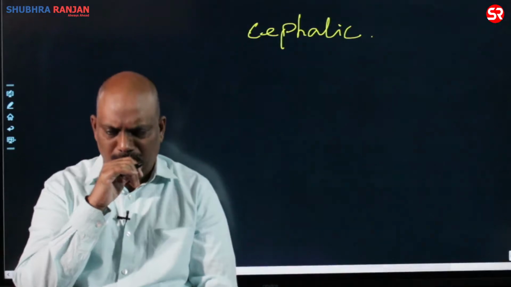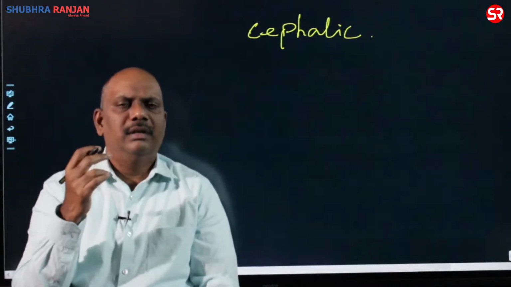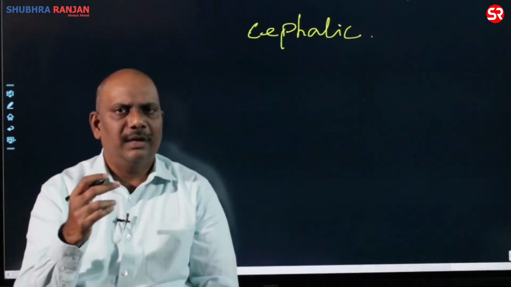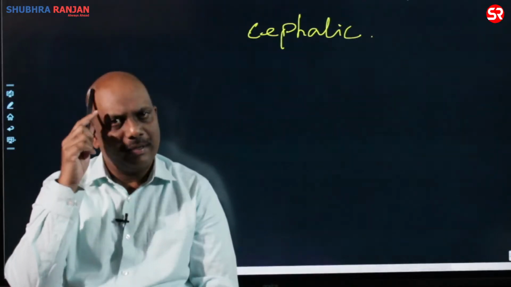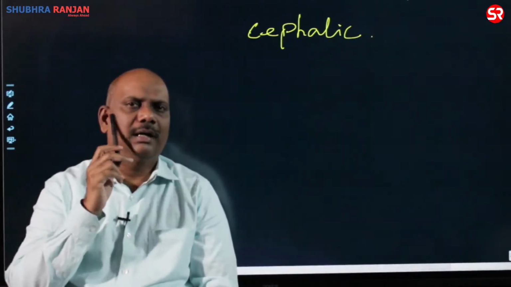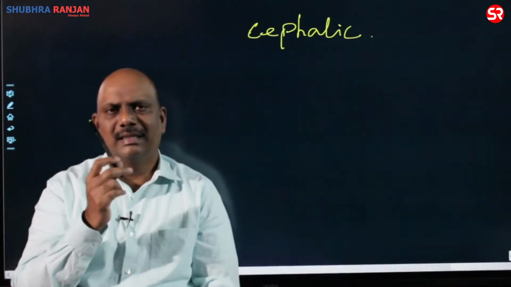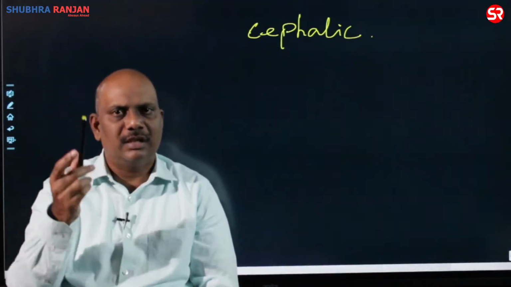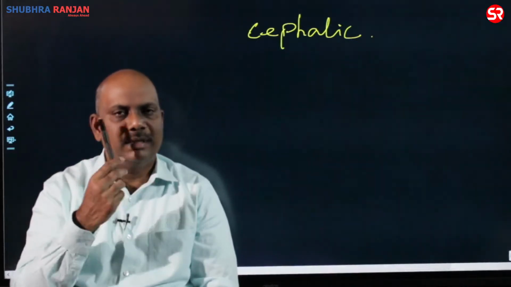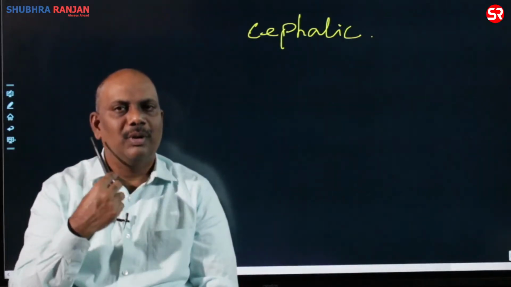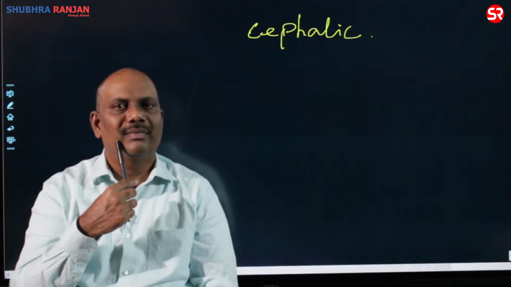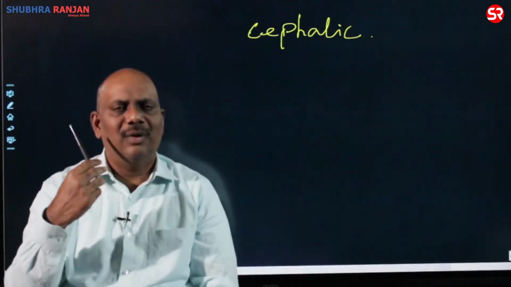Then the different regions in our cranium: frontal, parietal, occipital, and temporal. Then we had a discussion about sagittal crest, supraorbital ridges, prognathism, etc. So now let us continue our discussion.